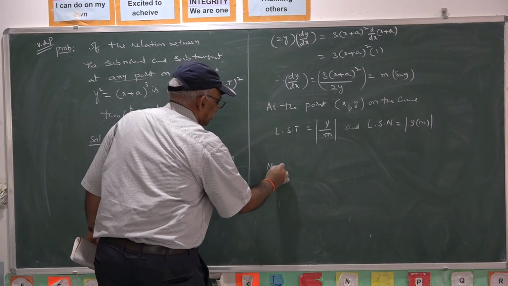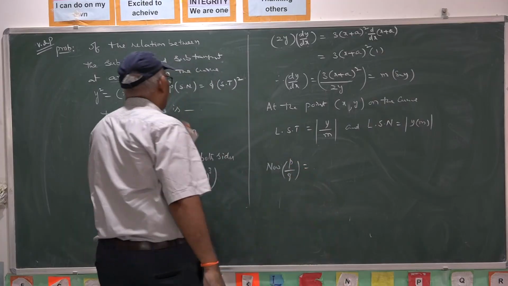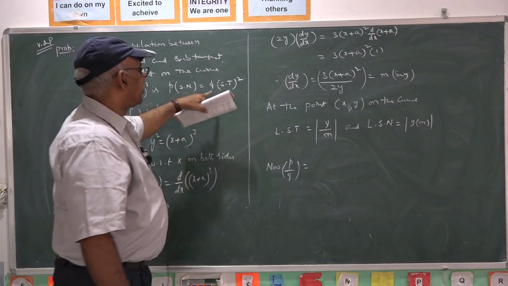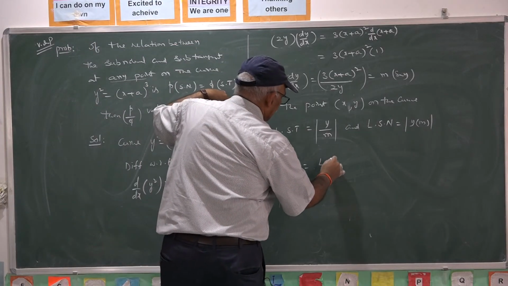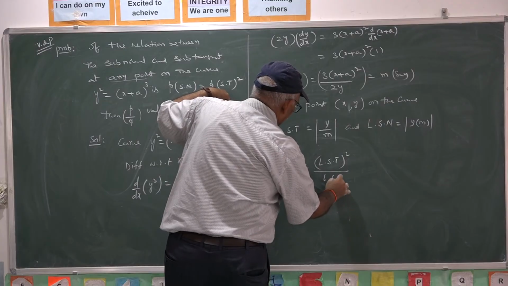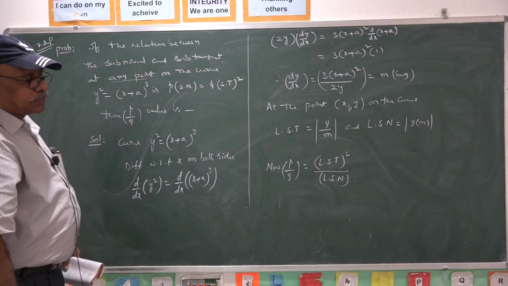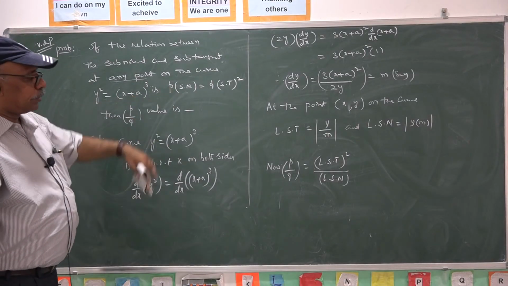Now P by Q equal to, from the given relation, length of subtangent whole square by length of subnormal.